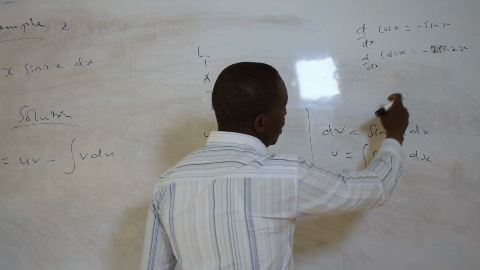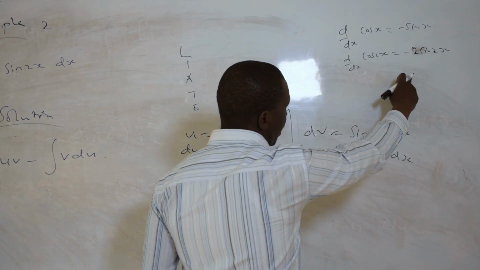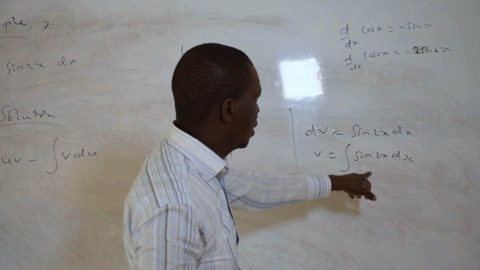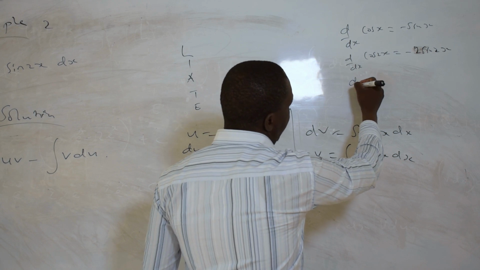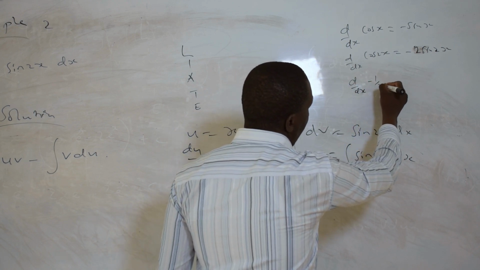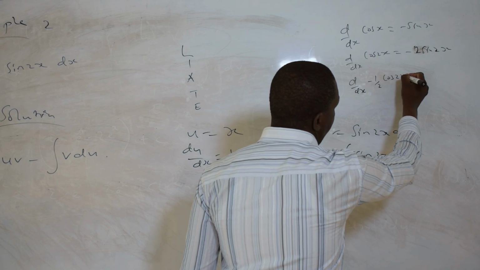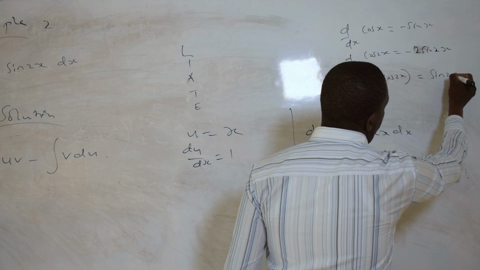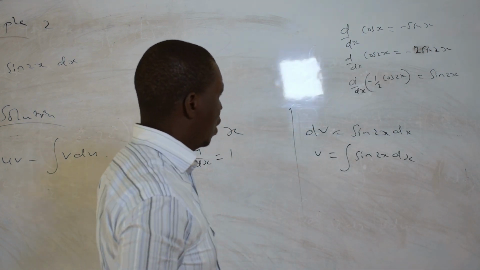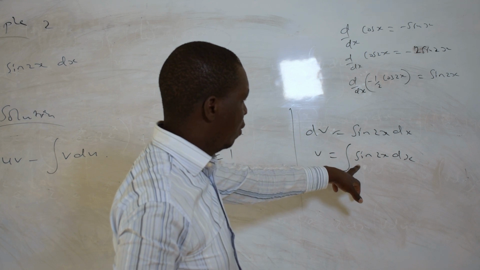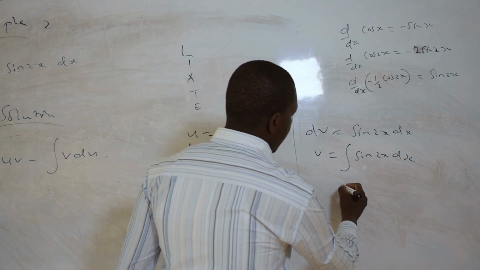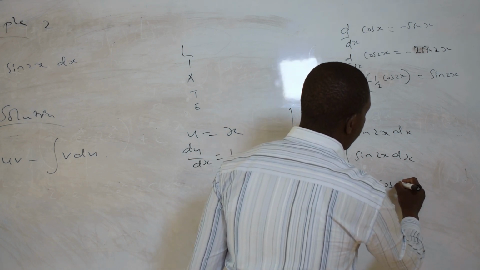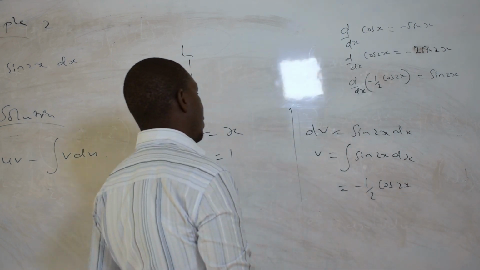And therefore, to get positive sine 2x, we need to find the derivative of minus a half cos of 2x, which will be sine of 2x. Now the integral of sine of 2x dx is minus a half cos of 2x. So that's the value of our v.